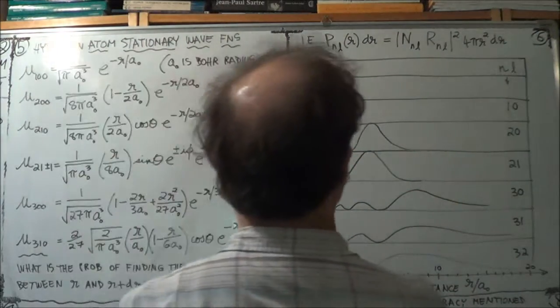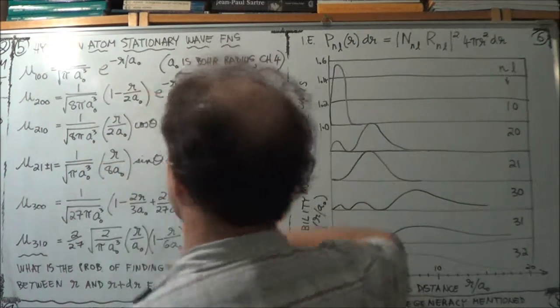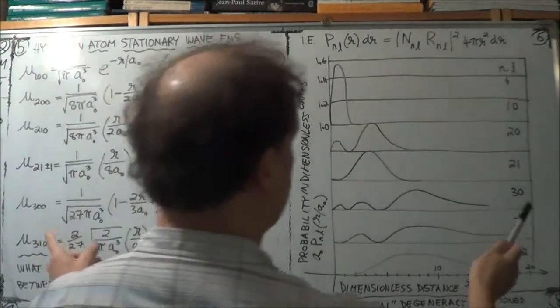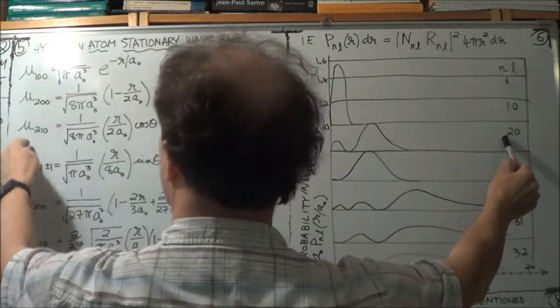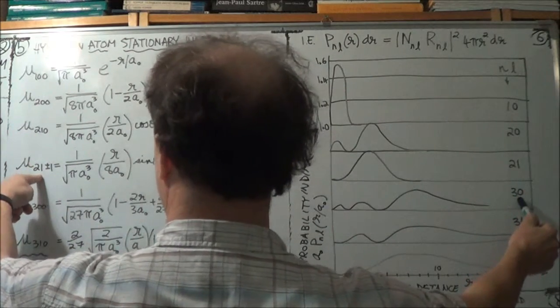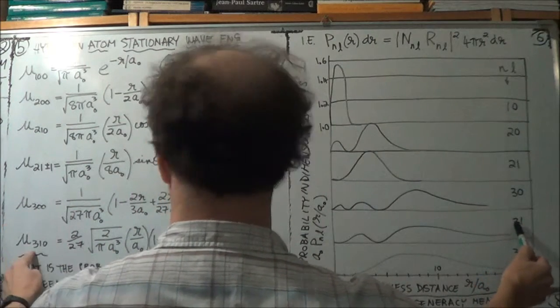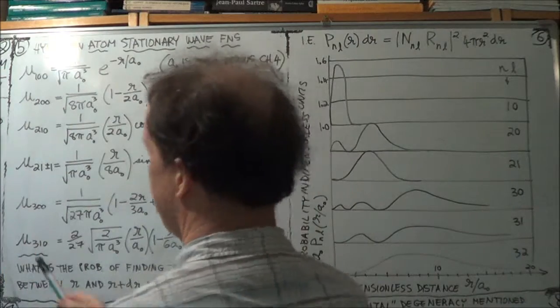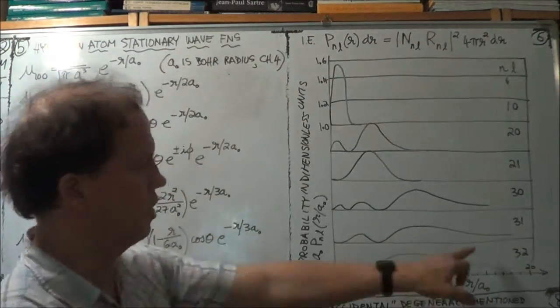And I think they're the same 6 here, right? Let me just check. 1, 0, 2, 0, 2, 1, yes. 3, 0, 3, 1. Not quite. We did not do a 3, 2, but here is an extra one.